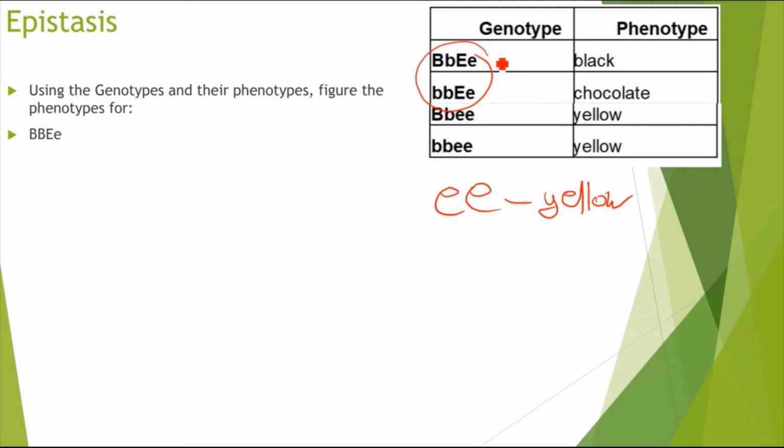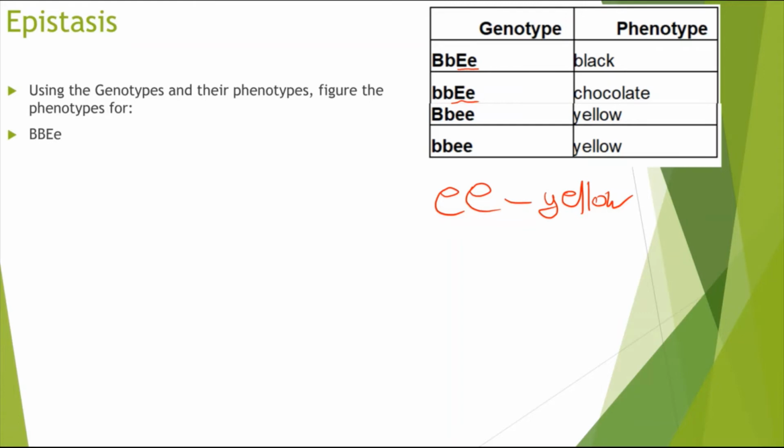In the other two examples, I do not have a lowercase e in any of them, but I do have the same e in both of them. So in that case, it shouldn't be the e which is affecting whether they're black or chocolate.